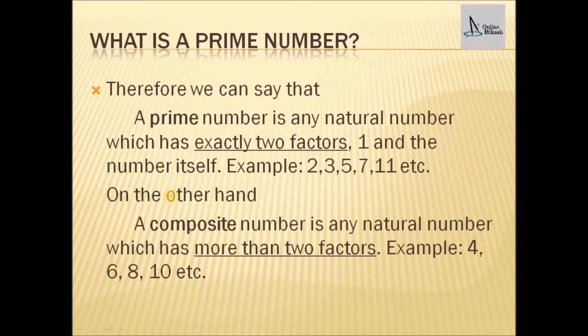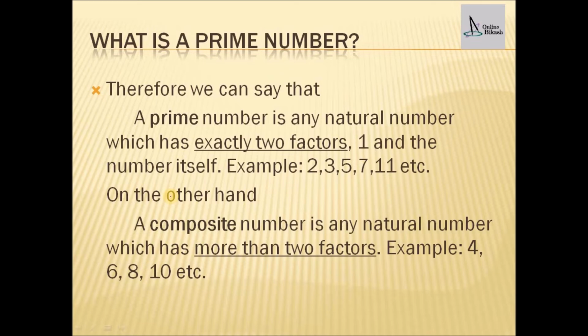So therefore we can say that a prime number is any natural number which has exactly 2 factors. Listen to it very carefully. A prime number is any natural number which has exactly 2 factors, 1 and the number itself.